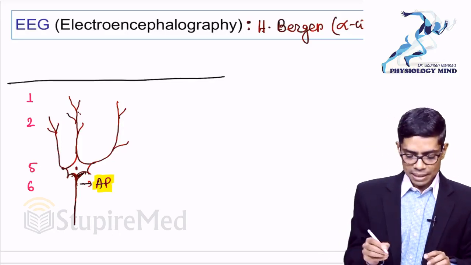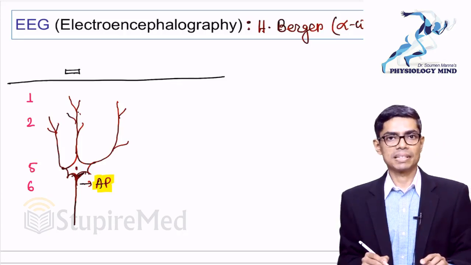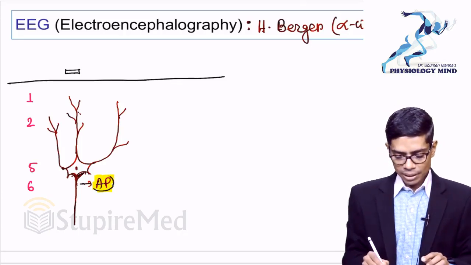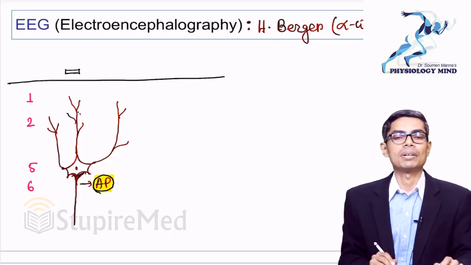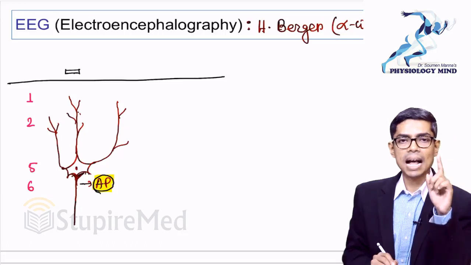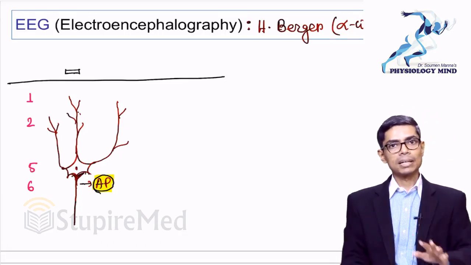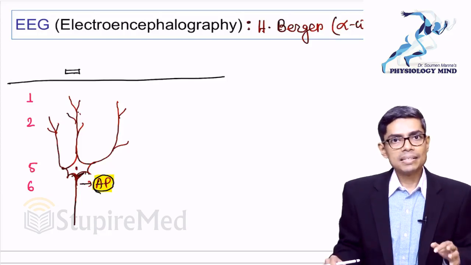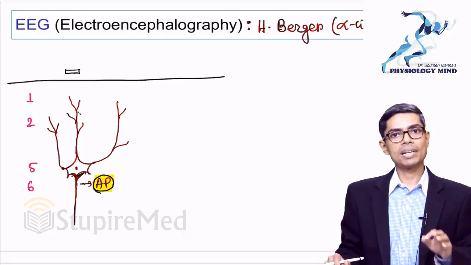So obviously, an electrode placed over the surface of the scalp cannot record the electrical activity occurring in the deeper part of the cerebral cortex. That means EEG is not the action potential of the brain neuron. Although we blandly say that EEG is the electrical activity of the brain, it is not the action potential. So what is it?